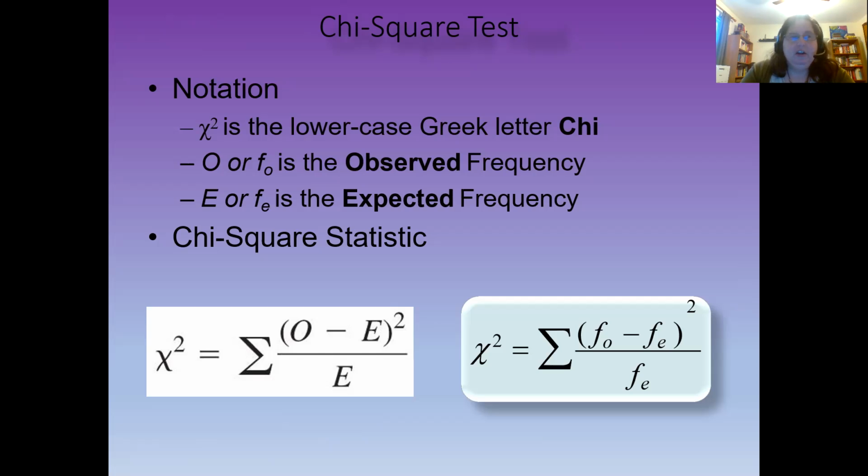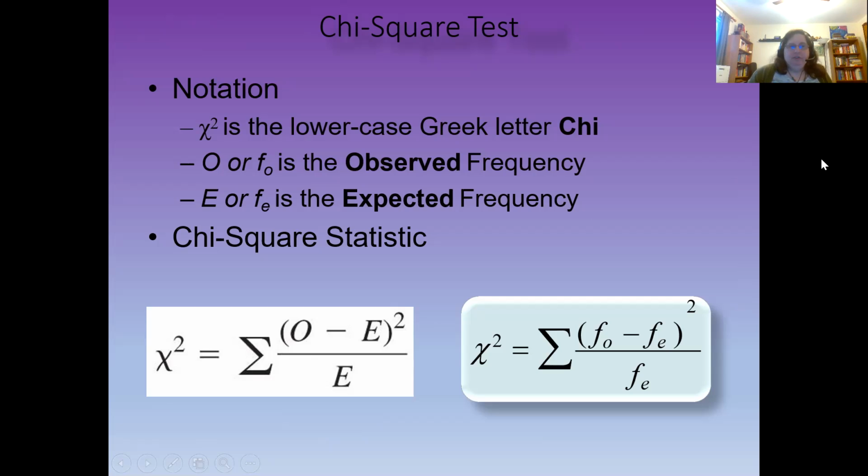So chi-square, you're familiar with this term, is the lower case Greek letter chi with a square attached to it. O or FO is the observed frequency. E or FE is the expected frequency. So our chi-square statistic is you take each observed minus expected and you square it and you divide that by expected. You do that for all the cells and then you add that number up, and that's simply your chi-square.